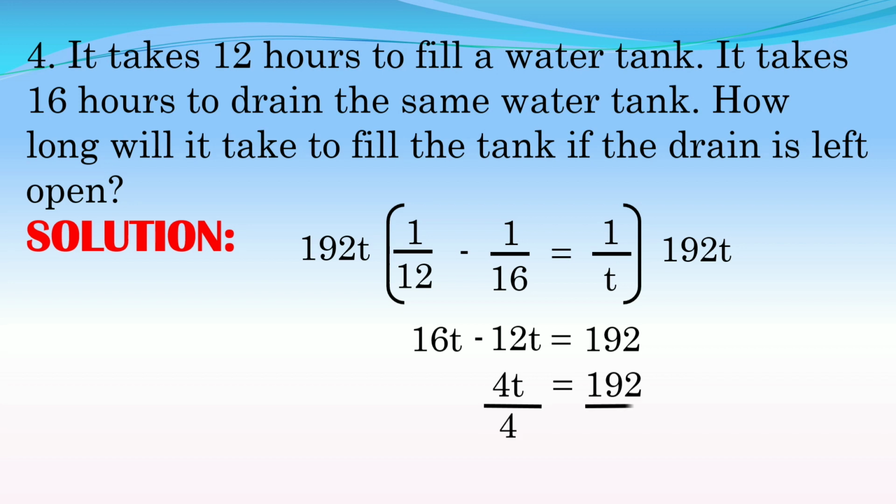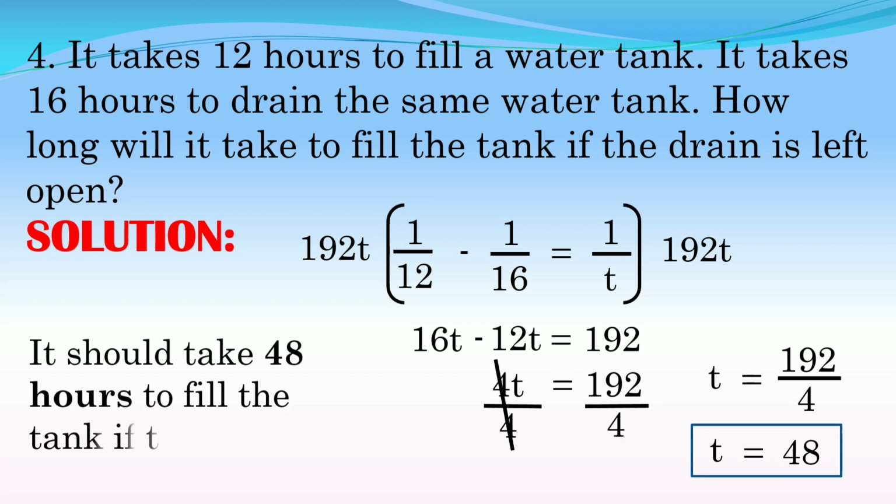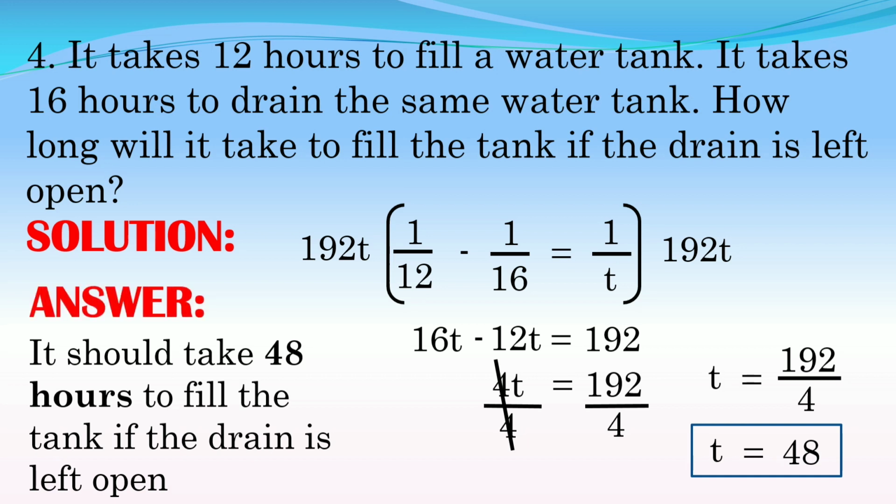And then, divide both sides by 4. So, we have t is equal to 192 over 4, or just simply, t is equal to 48. Therefore, it should take 48 hours to fill the tank if the drain is left open. So, that will be our answer.